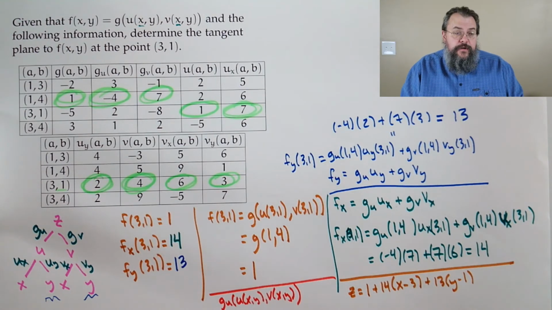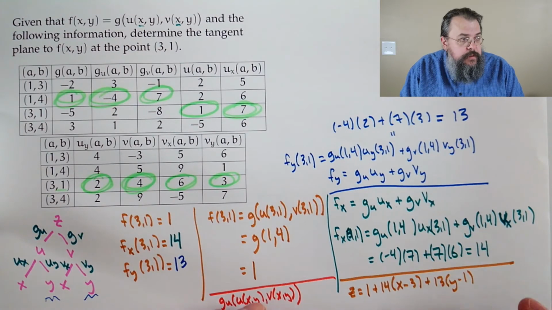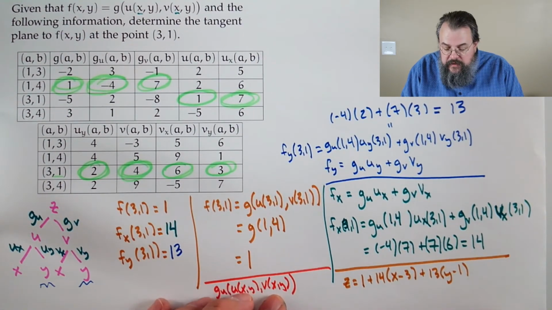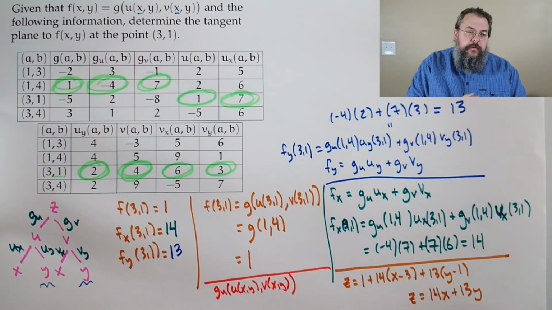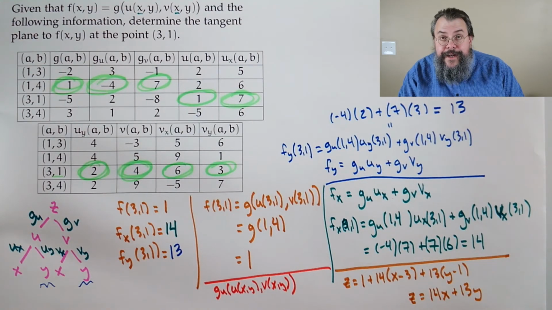Now, if we wanted to, we could push a little bit more and simplify and say, look, this is the same as z equals 14x, because you can multiply the 14 through, plus 13y. And now, well, do a little bit of math, a dangerous thing in our head.